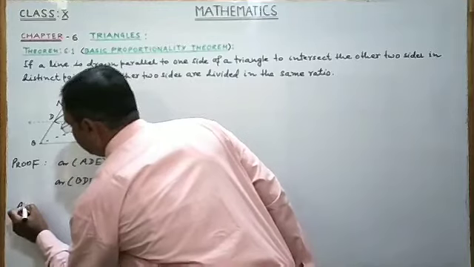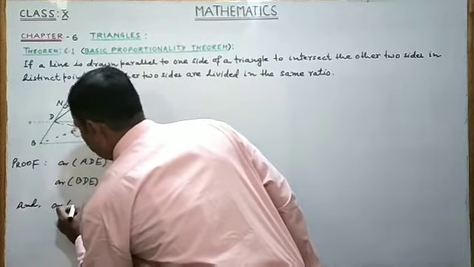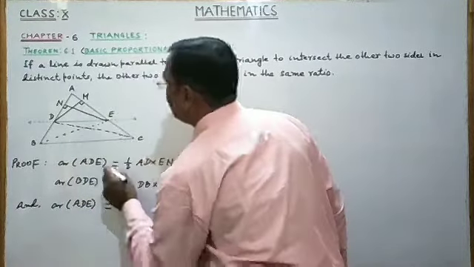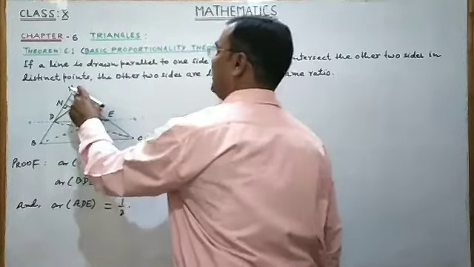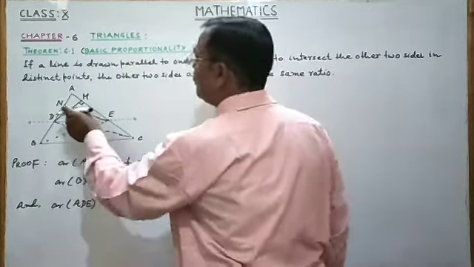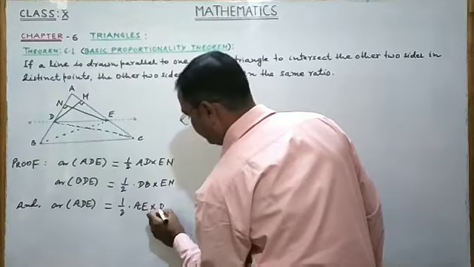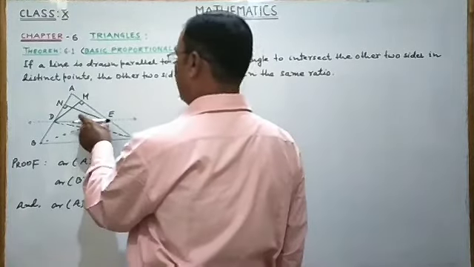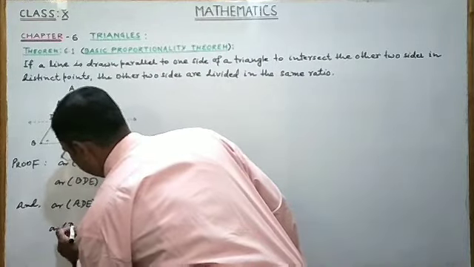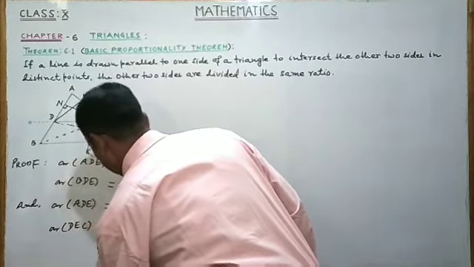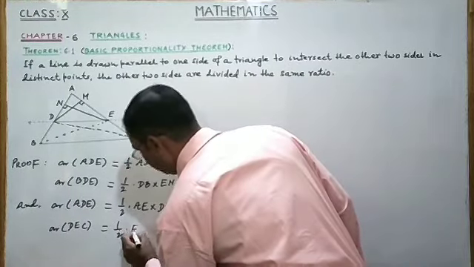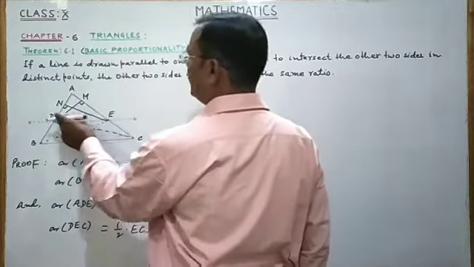And area of triangle ADE equal to half into base AE into altitude DM. And area of triangle DEC equal to half into base EC into altitude DM.